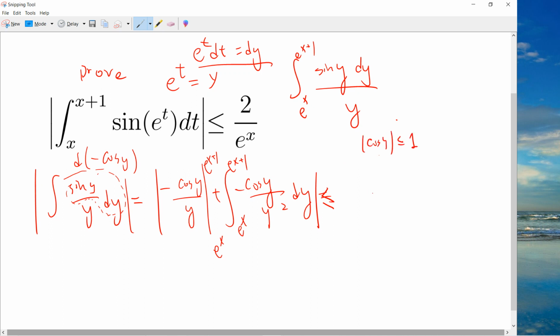So this first term will be less than 1 divided by e^(x+1), plus 1 over e^x. Right, there's a minus term, but I can replace it by a plus term because I use the absolute value. And also this term is less than this.